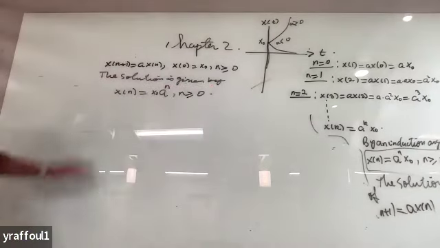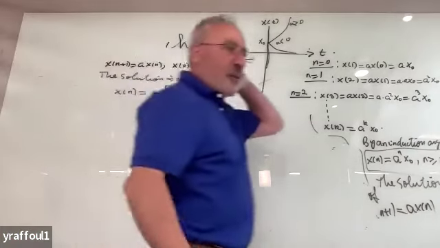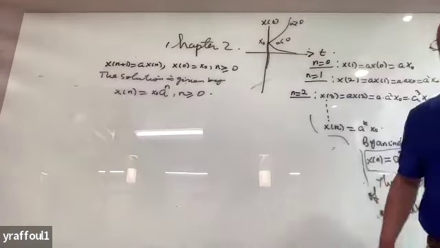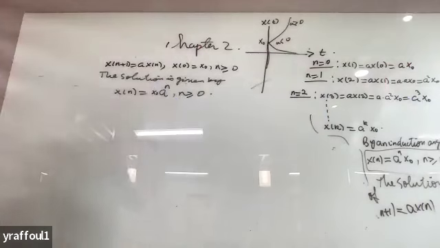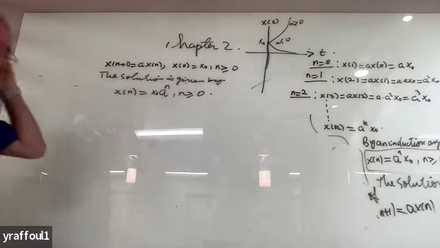Can you tell me the asymptotic behavior of the solution? It depends on a, but does it depend on the sign of a or the size of a? Okay, what do you think?